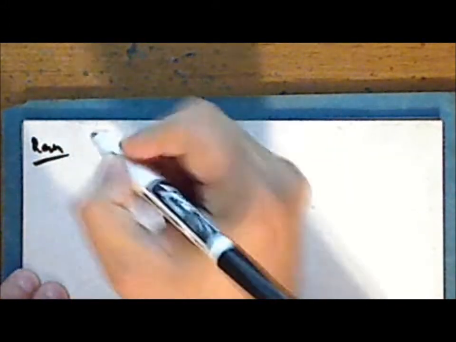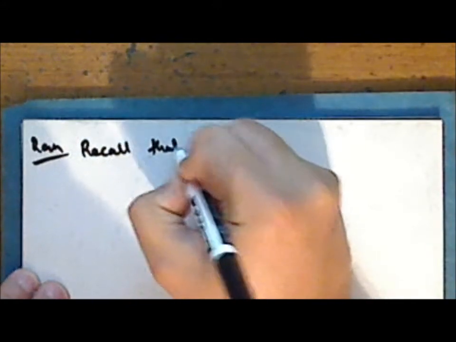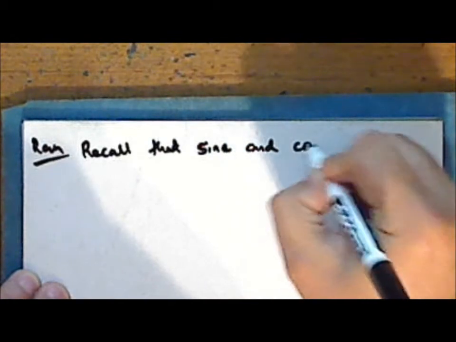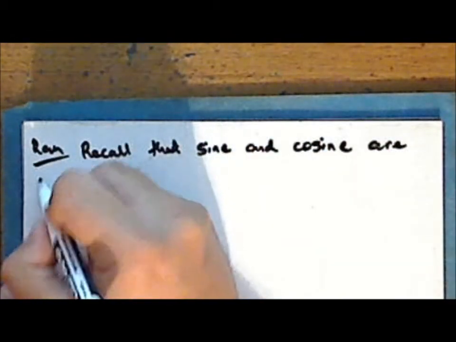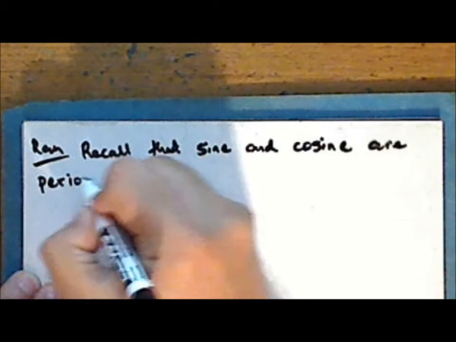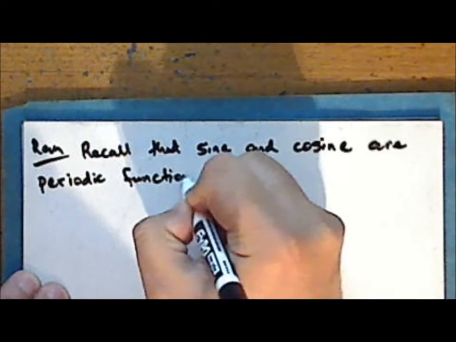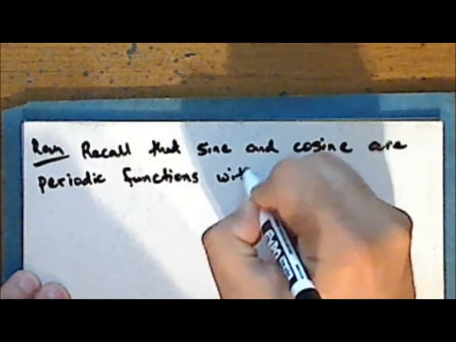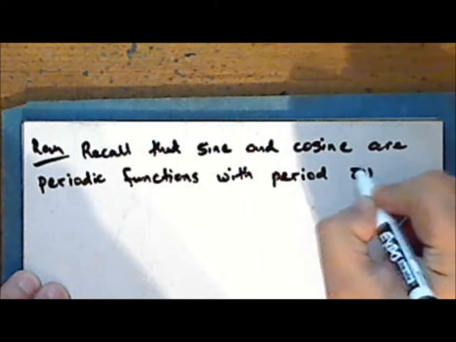Okay, so I'll start by reminding you of two trig functions. So recall that sine and cosine are periodic functions with period 2 pi.